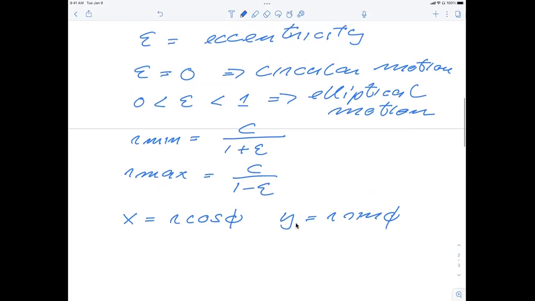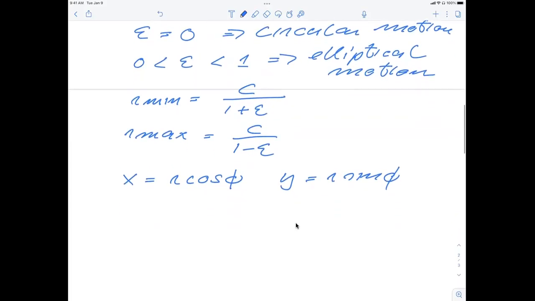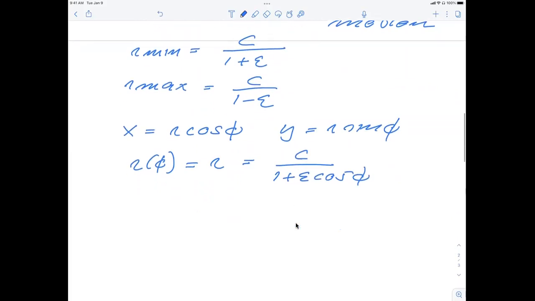Now, if I take the equation which we have here, what we found is that R of phi, and I'm just going to write this as R here, is given by C over 1 plus epsilon times cosine phi. We are simply now going to multiply on both sides, so I multiply away the denominator. So I have R times 1 plus epsilon cosine phi, and this is C. What comes now is just a simple manipulation.